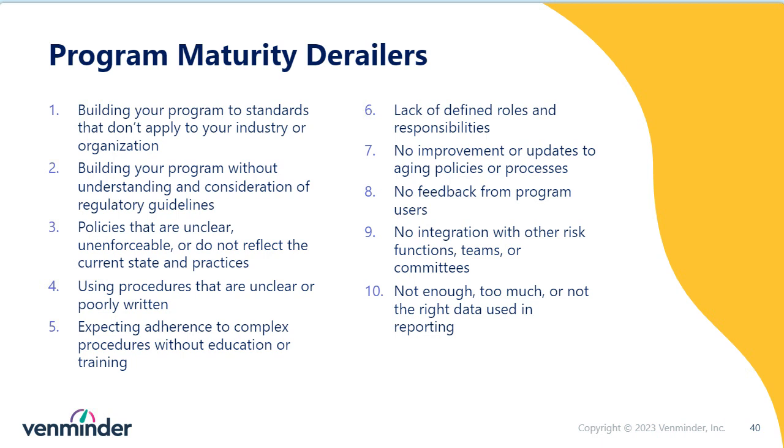We've got to let the stakeholders know how to fulfill their roles effectively. We also need to make sure that they're able to give us feedback about the program, because sometimes they see things we don't, and it can be very useful. And then finally, we need to be integrated with other risk functions, teams, and committees to really make it successful.